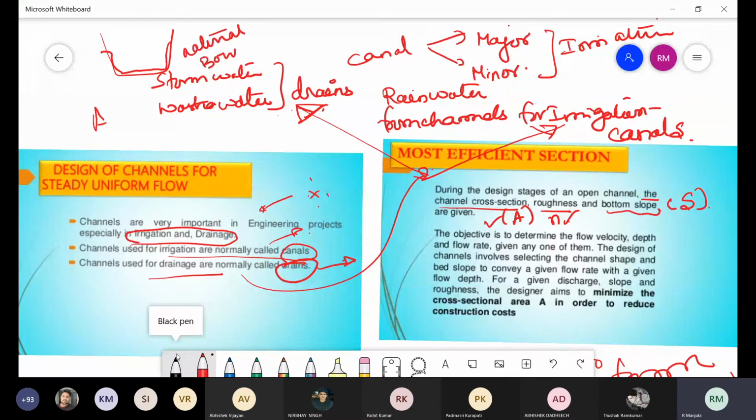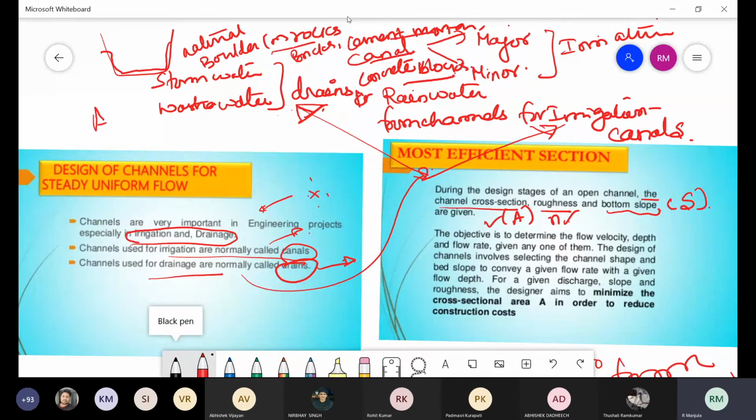or whether the channel has boulders or rocks, or is lined with bricks, or with cement mortar, brick mortar, or concrete, or some concrete blocks, or whatever it is. The roughness values of these vary, so the roughness of all these materials will be different.